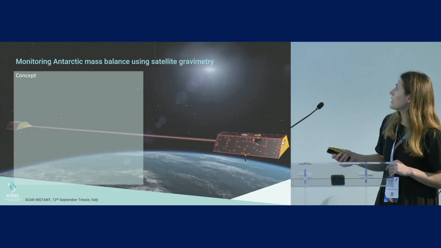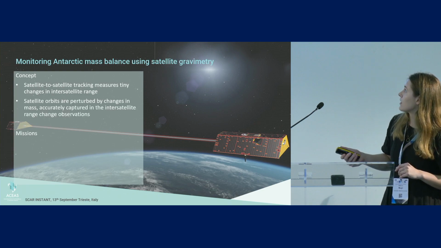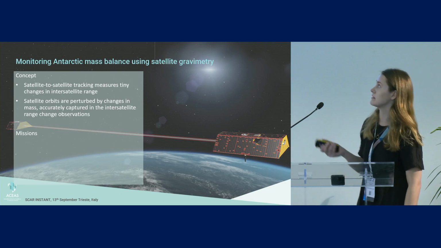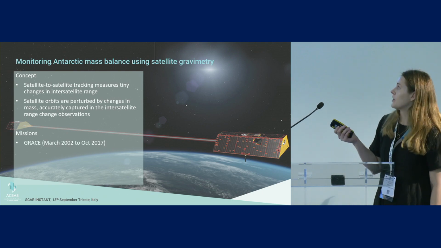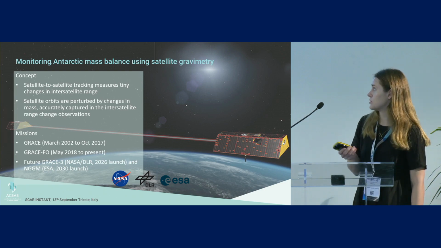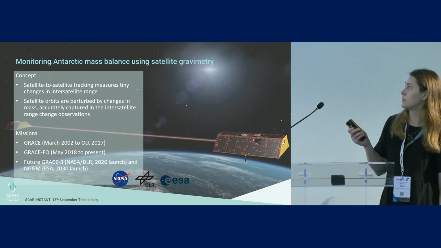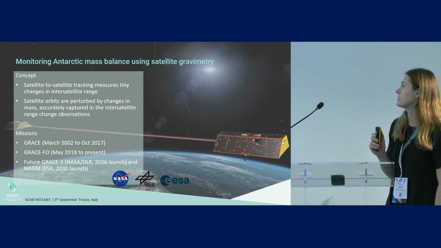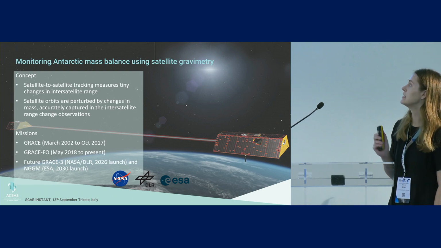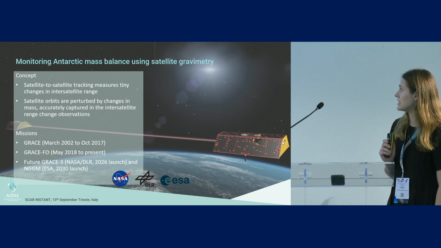So just quickly to give you some background on the GRACE and GRACE follow-on missions. They're basically 2 missions that occurred from March 2002 to October 2017. There's a bit of a gap between the initial GRACE mission and the GRACE follow-on mission, which was launched back in May 2018 and is still in orbit today.